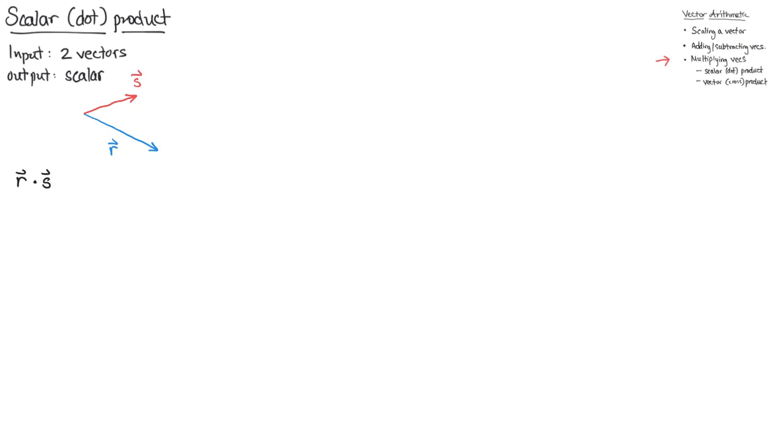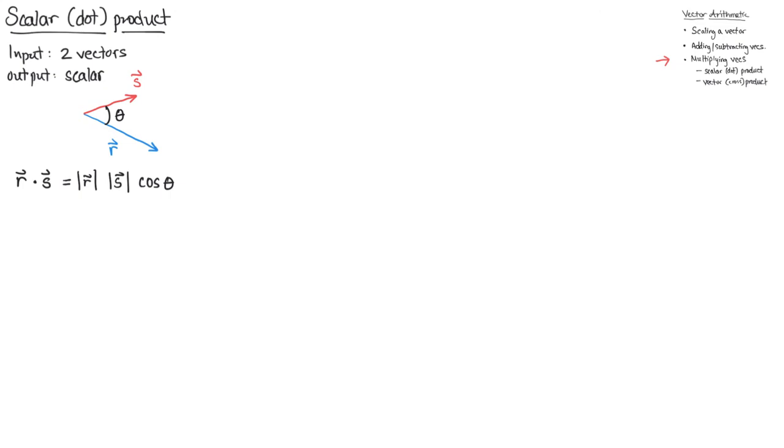And we can say that r dot s is given by the magnitude of r times the magnitude of s times the cosine of the angle in between r and s, like so. Okay? And this approach to defining the dot product or scalar product does not refer to coordinates in any way or components in any way. All we need to know is the length of one vector, the length of the other vector, and the angle in between them. These are coordinate independent quantities.